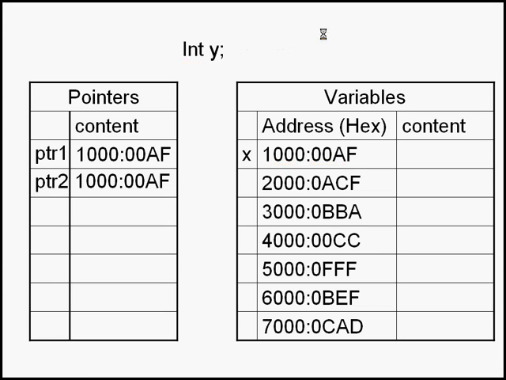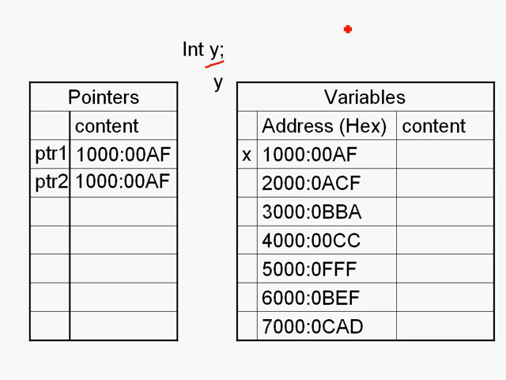Clear. Now let's declare another variable, int y. Now I'll declare another pointer, ptr3. I'll use int because y is an integer, so I'm going to declare a pointer to an integer. I'm not going to declare a pointer to a boolean.